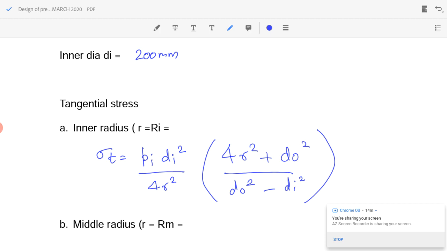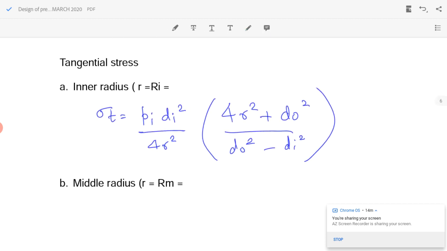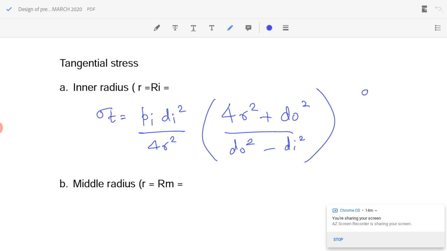Here we already know Do equal to 300 mm, Di equal to 200 mm, and internal pressure Pi equal to 5 Newton per mm square.